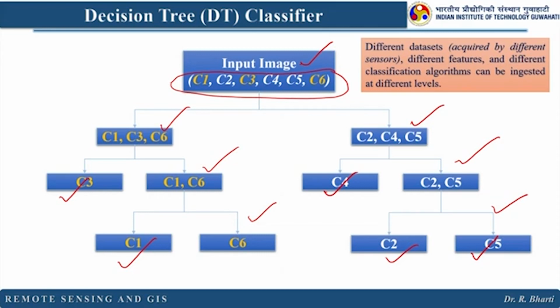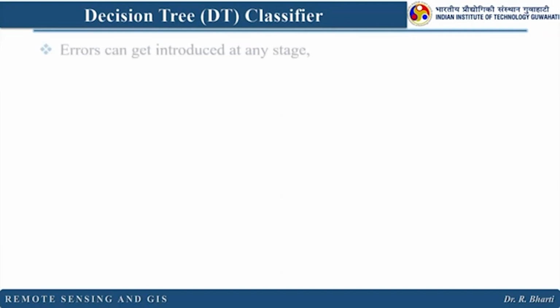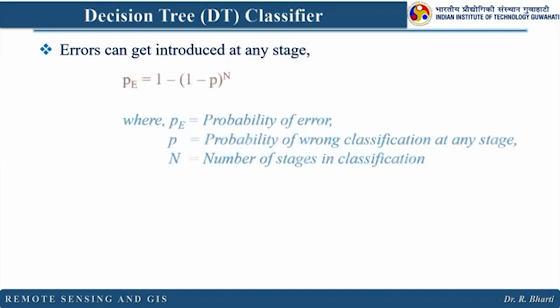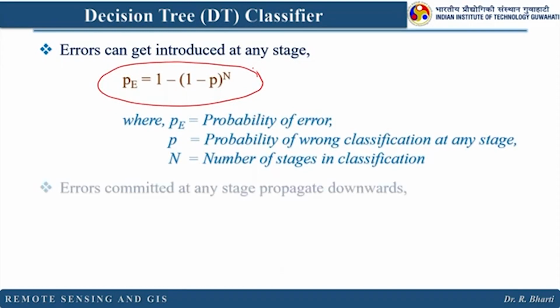Here you have all the freedoms, but you will have more errors, right. So, error can be introduced at any stage, and here you can use this equation to calculate the probability of error. So, error committed at any stage propagates downwards.